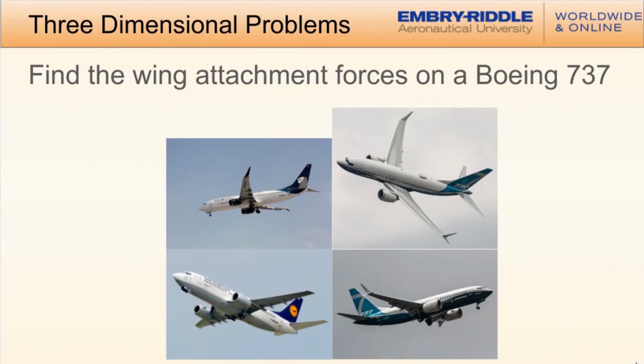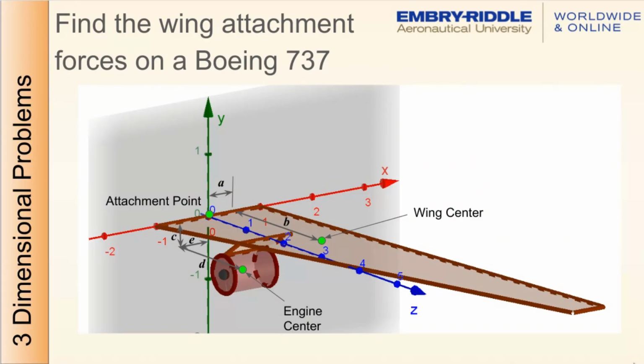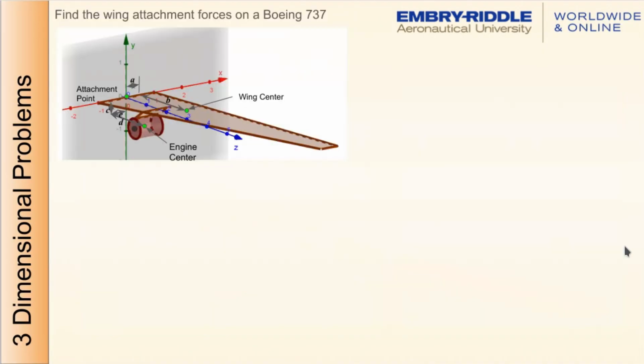Let's say we've got a three-dimensional problem. A lot of people have trouble with their free body diagrams on three-dimensional problems. Say we're given the wing, and we have dimensions to the effective attachment point and wing center and engine center as given here.